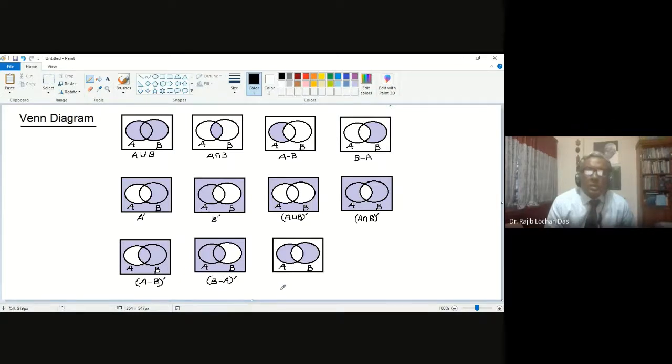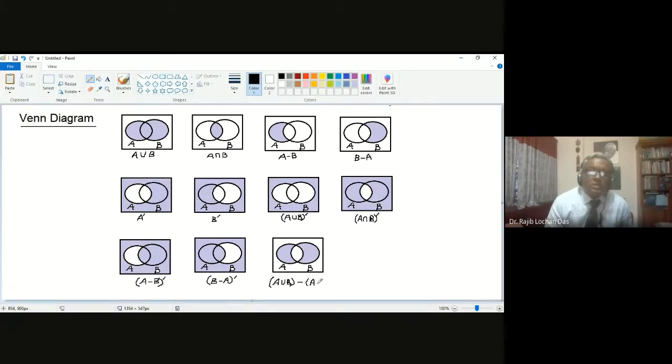And the last one, it is a little complicated. It is not A union B, because something is missing inside. So what you can write, A union B, bracket, then minus. What is the minus thing?